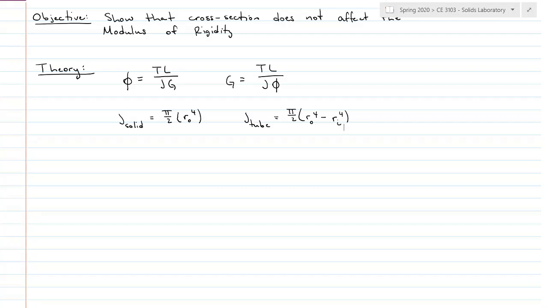Let's say, for example, I have a torque of 0.1 Newton meters. I have an angle of twist of 0.172 radians. Okay, and my specimens both have a length of 400 millimeters.